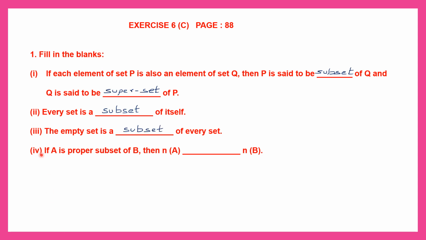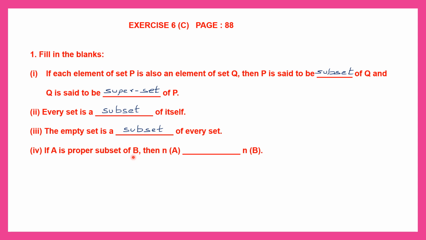Question 4. If A is a proper subset of B, then the cardinal number of A will be dash than the cardinal number of B. Now remember what a subset is. A subset will have all the elements. It will have the empty set. It will also have the set itself. Whereas what is a proper subset? A proper subset will have everything just like a subset except for the set itself.